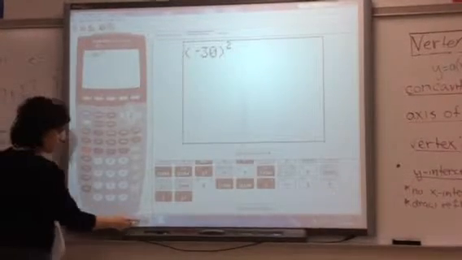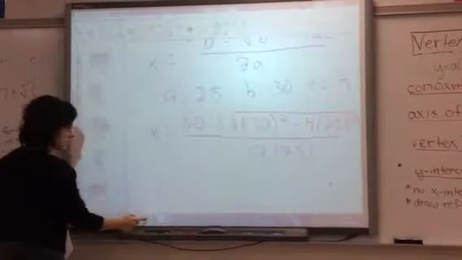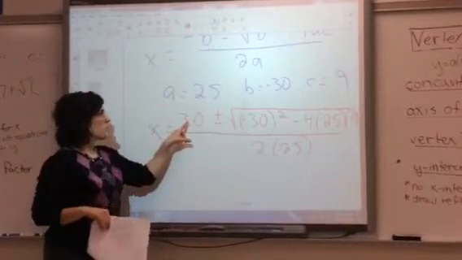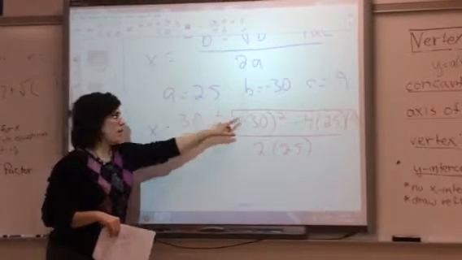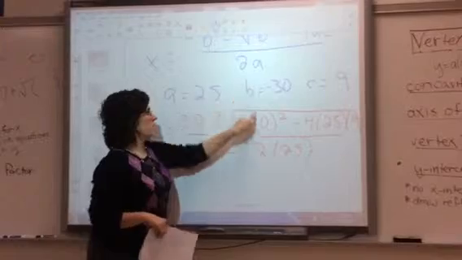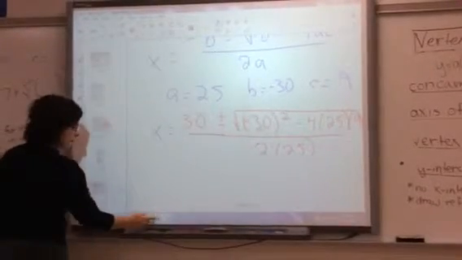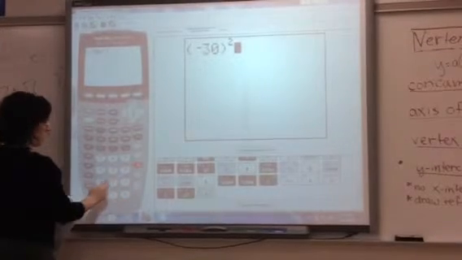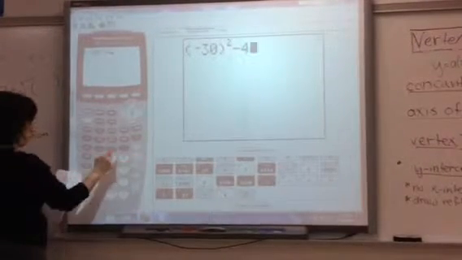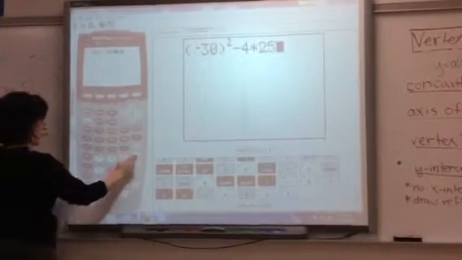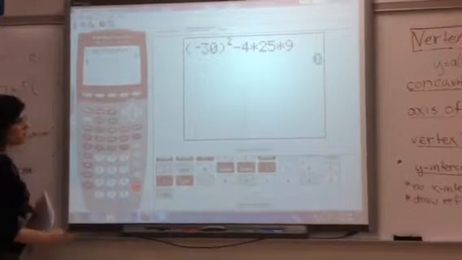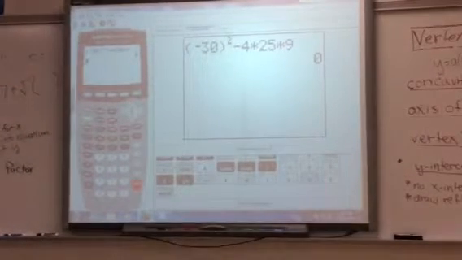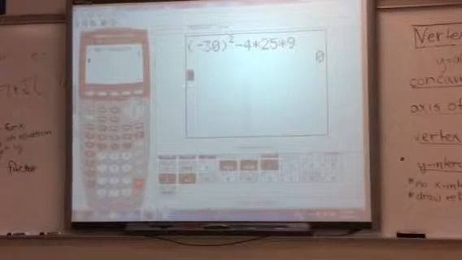What's underneath the square root, Kara, is still negative, isn't it? This one out here turned positive, but this one, because of that opposite, is still the negative. Negative 30 all squared minus 4 times 25 times 9. Enter. Okay, are you guys all getting 0?